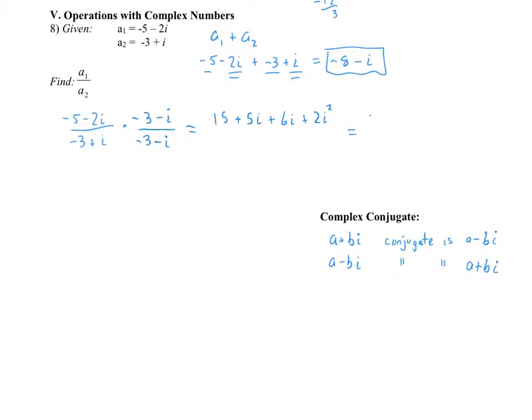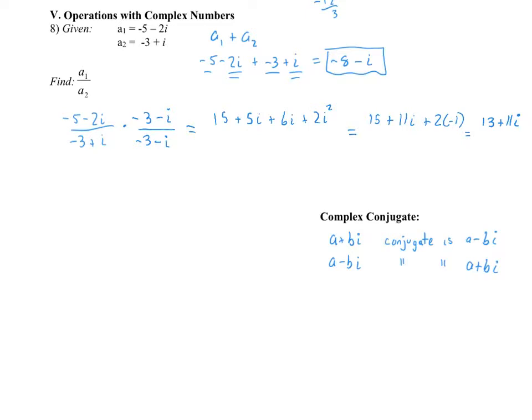I'm going to have 15 plus 11i, that's 6i plus 5i, plus 2 times, well, i squared is negative 1. So that's 2 times negative 1, which also combines with the 15. So 15 minus 2 is 13 plus 11i in our numerator. So there's our complex number there. You see it simplifies into that a plus bi form that we need.